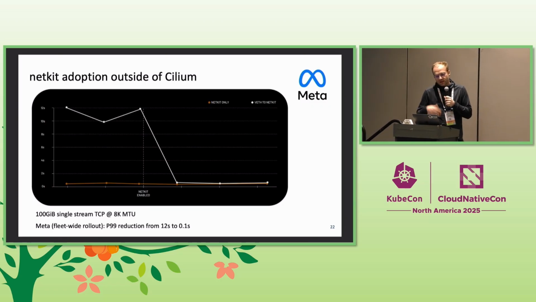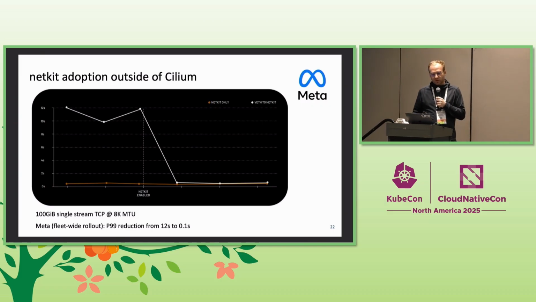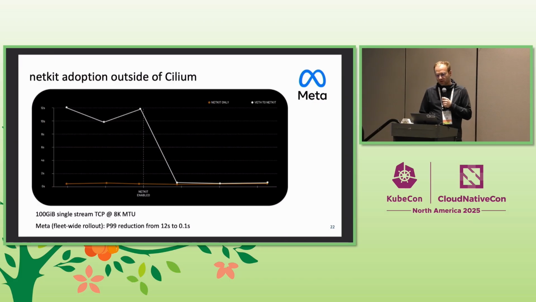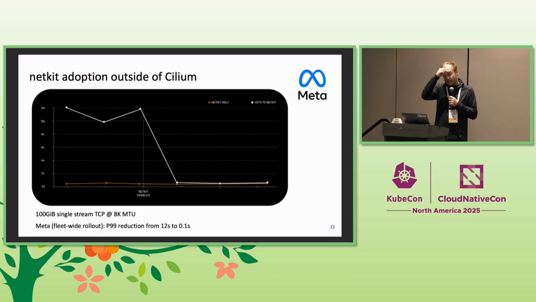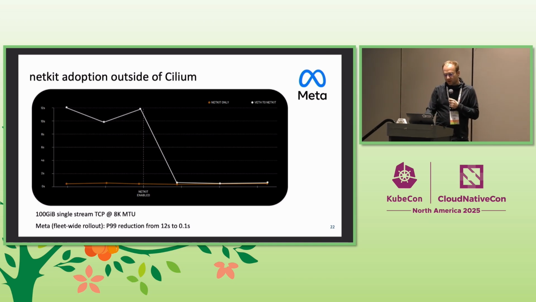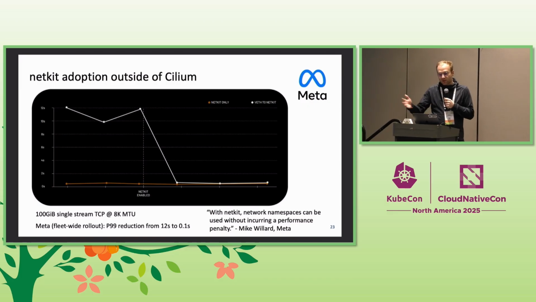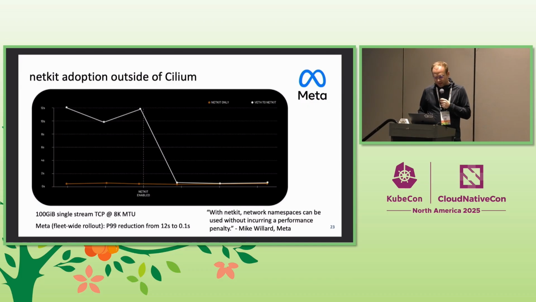With the applications they had, in the case of the veth device, when the system is under pressure, when there's high softirq load, they saw a P99 latency of 12 seconds. And when they switched to netkit, this was heavily reduced to 0.1 second, which is quite impressive. So yeah, they are now using it as well, and they basically stated the same as what we found earlier.